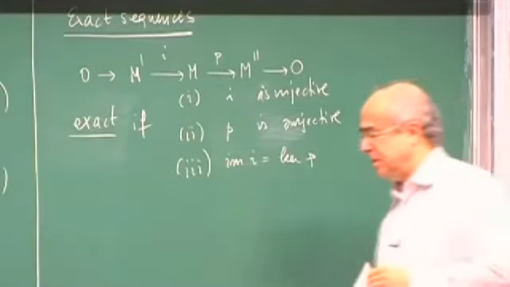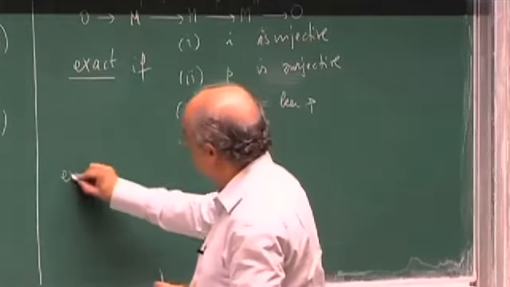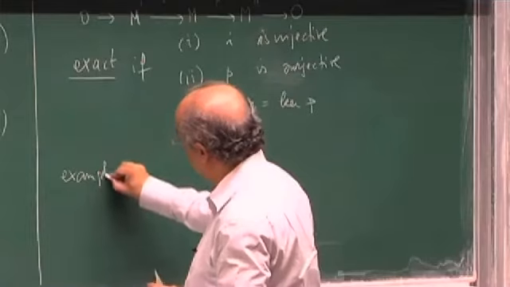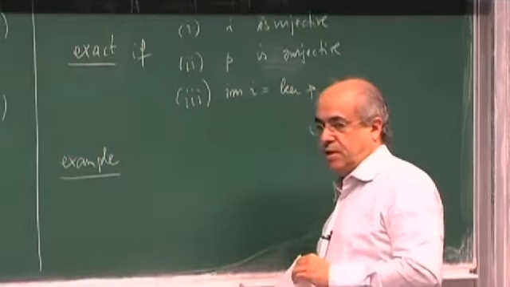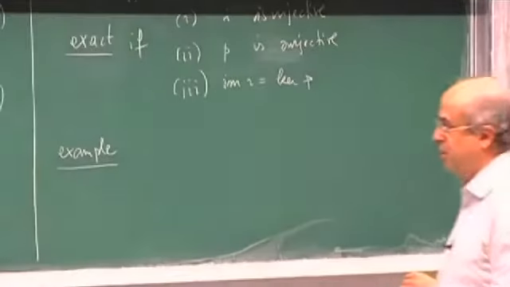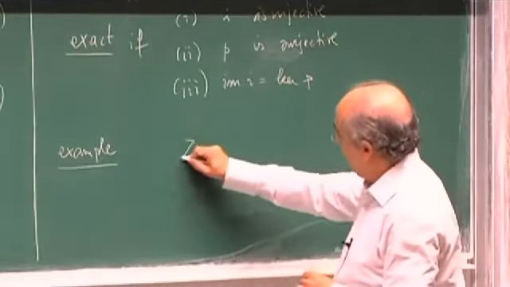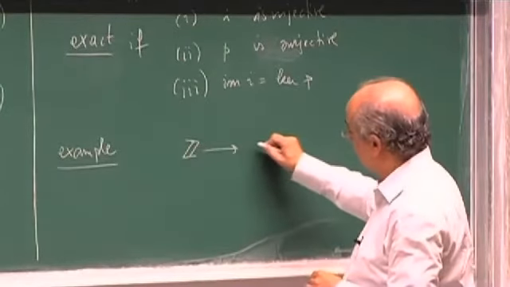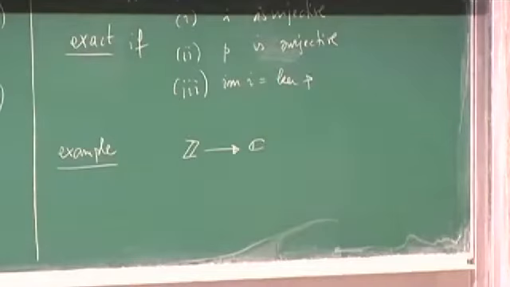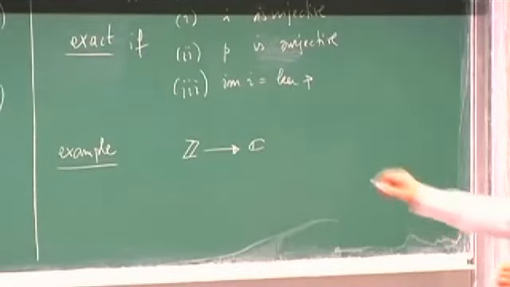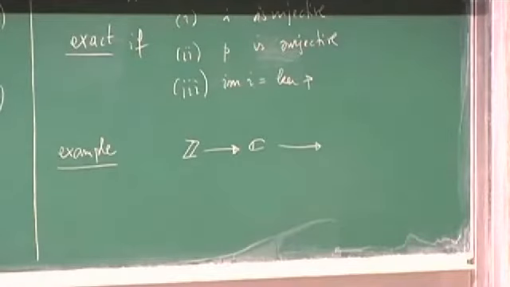An example, an interesting example, which will generate then a very interesting and useful example when we shall talk about sheaves, is the following. You may inject the integer numbers into the complex numbers, and you can compute the exponential of complex numbers.